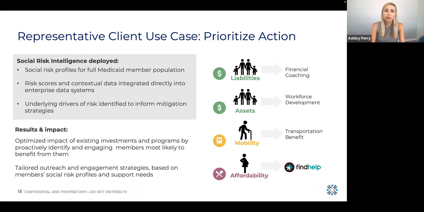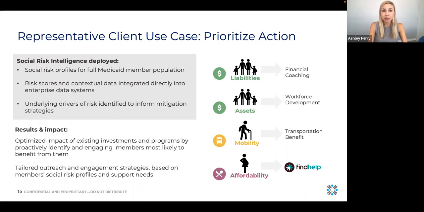I should note also from an equity perspective, this is really helpful because we see systematically when we look at data around who typically tends to be enrolled in these programs, that it's often not the subset of your member population that would benefit most from them. And that's for a number of very valid reasons, right? They may not be connected to care today. They may not know that the program exists.